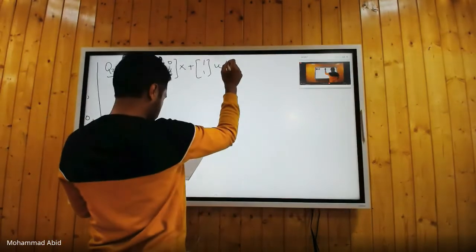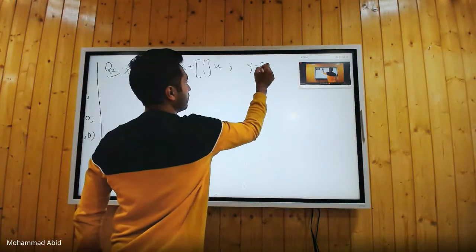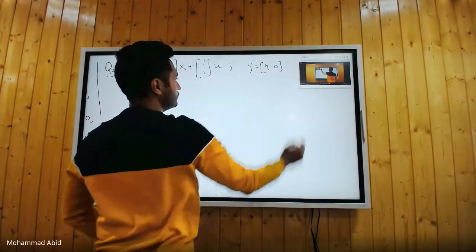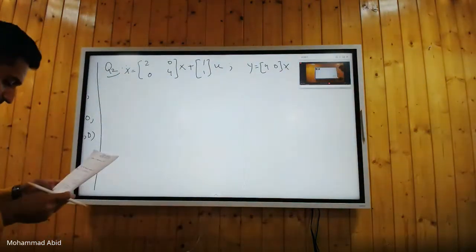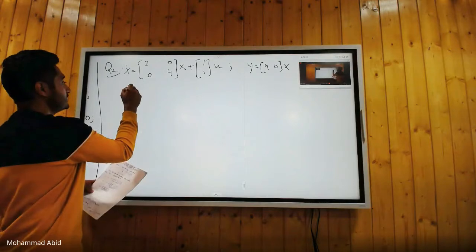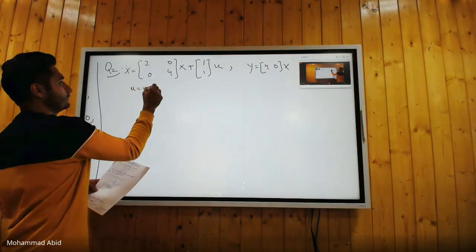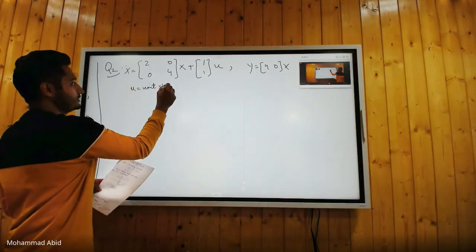Other information given is y equals 4, 0, times x. And the information is that u is a unit step.